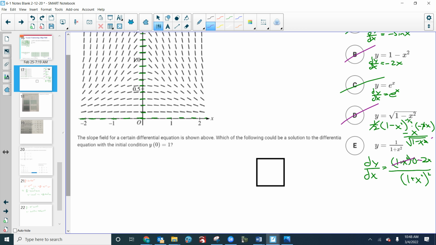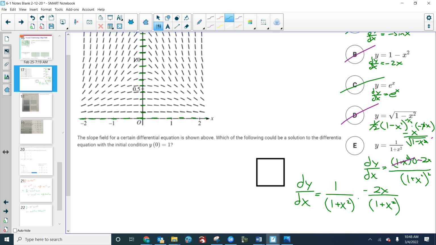All right. Time for the disguise. What do we notice dy dx is? Are you okay if I write it like this? 1 over 1 plus x squared times negative 2x over 1 plus x squared.